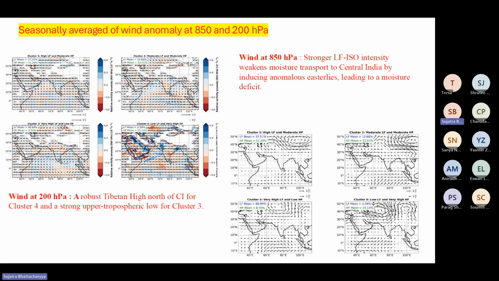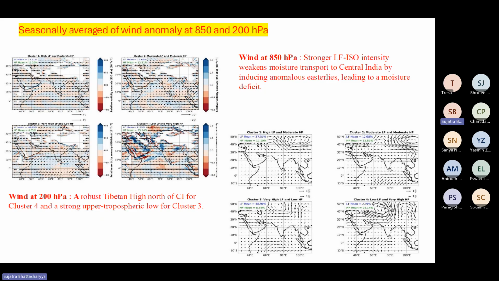When the LF mean intensity rises from 2.59% to 12.69%, this Tibetan high starts weakening. When it rises to 37.51%, this Tibetan high becomes an upper tropospheric low. And it gets even stronger when it reaches 50% variance.